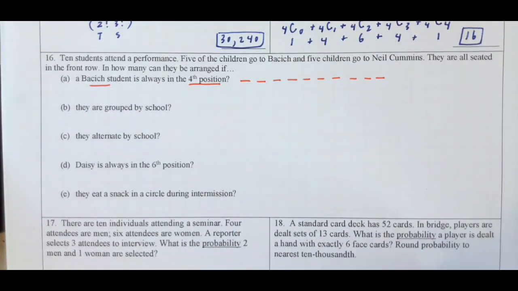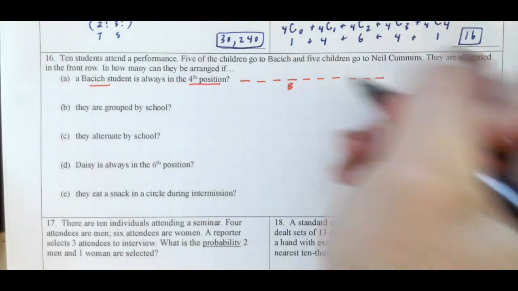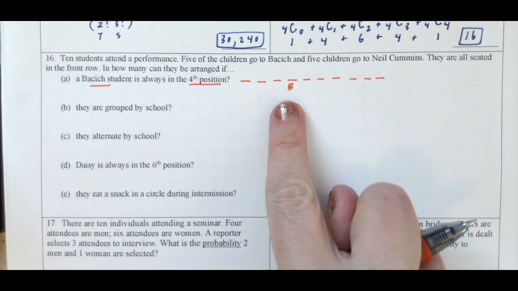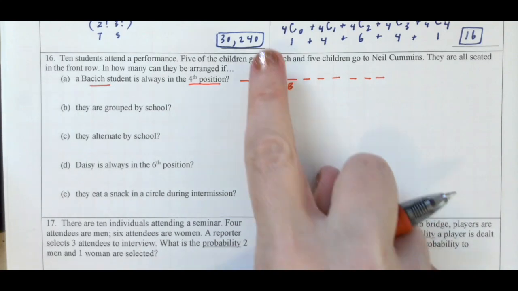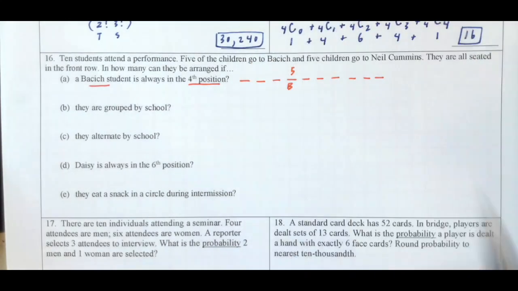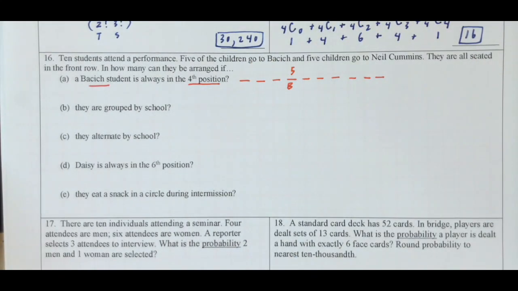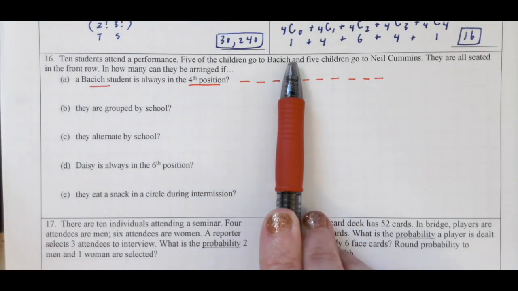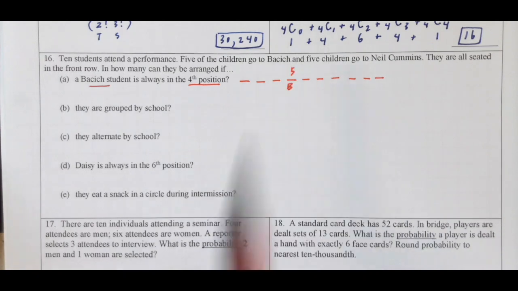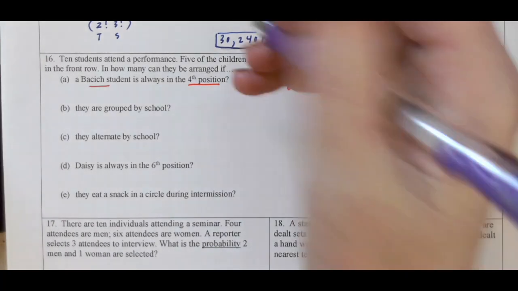Okay, there's my 10 tiles. Basich kid goes in that 4th position. So we have 5 Basich kids. So it could be any 5 of them. Could be kid A, B, C, D, or E. But once we have a kid in that position, there's 9 more seats to fill. So 9 factorial for everyone else.